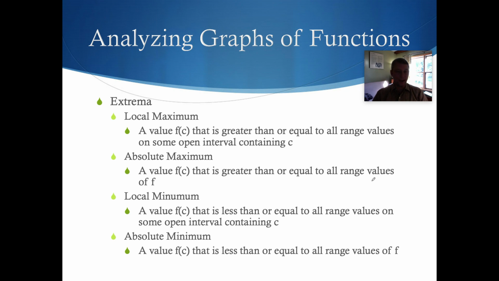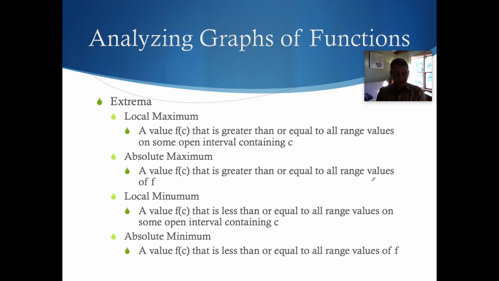An absolute maximum is a value of f of c that is greater than or equal to all range values of f, the highest hill on the graph. A local minimum is a value of f of c that is less than or equal to all range values on some open interval containing c, so the lowest point in a valley. And the absolute minimum is a value of f of c that is less than or equal to all range values of f, the lowest value there is.